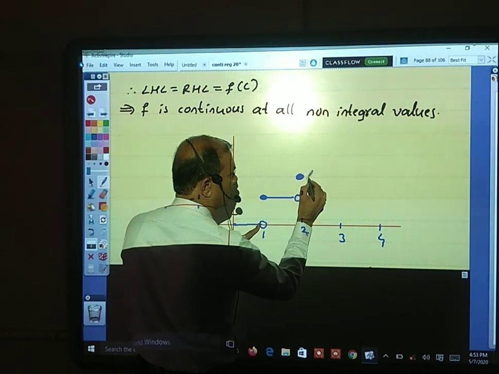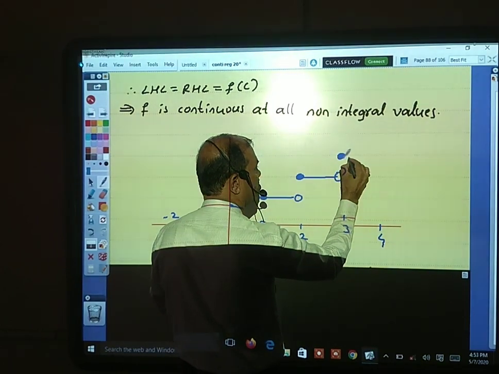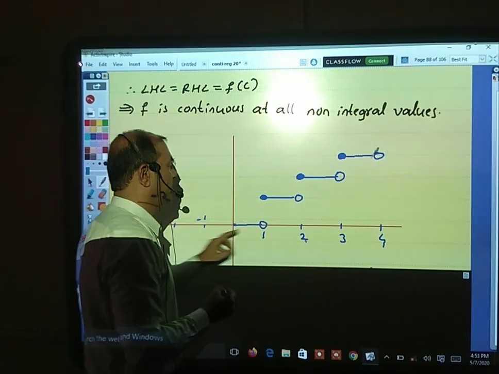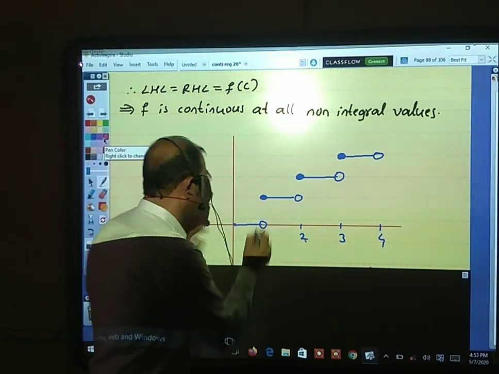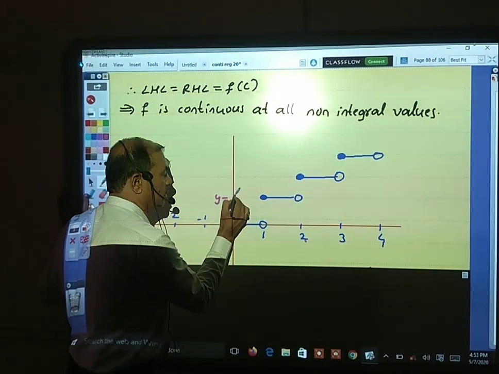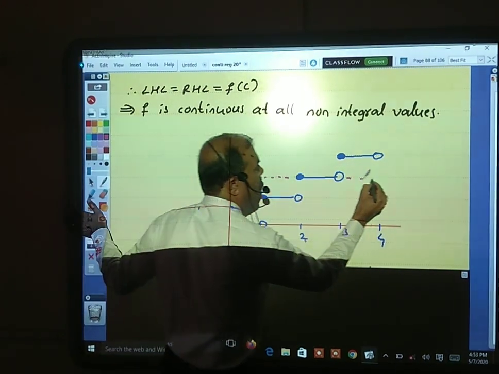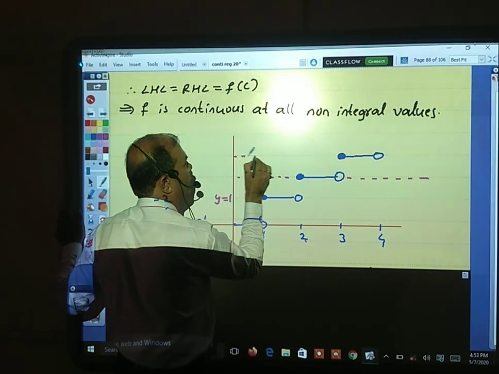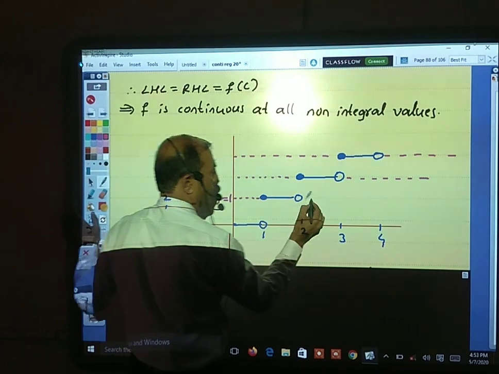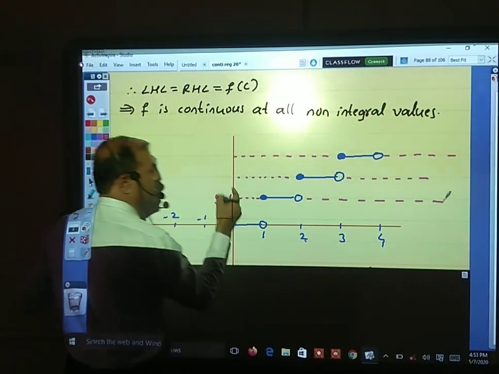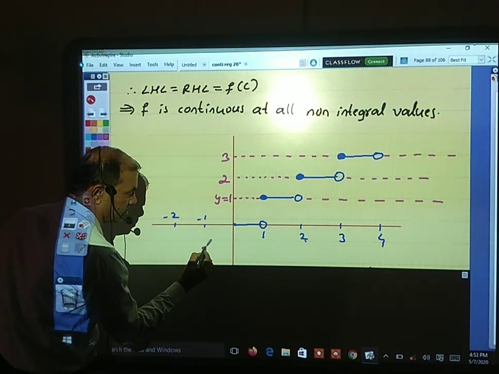At 3 it takes a jump, open like this. That means to the left side of 2, this is our y equal to 1. This is 1, this is 2, this is 3, and this is minus 1.